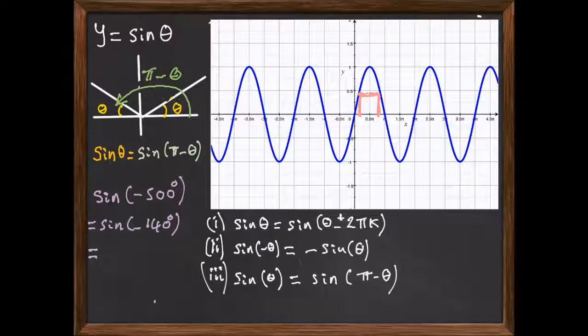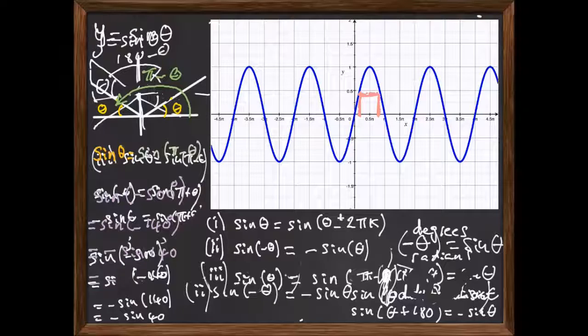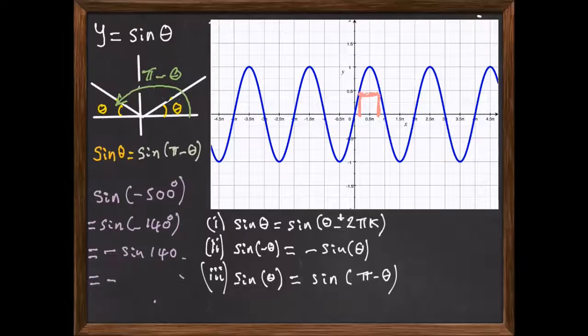Using that property, sine minus theta equals minus sine theta, I can write this as minus sine 140 degrees, and of course that's going to be equal to minus the sine of 40 degrees.